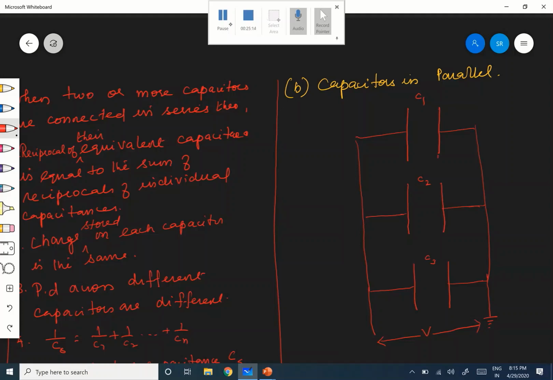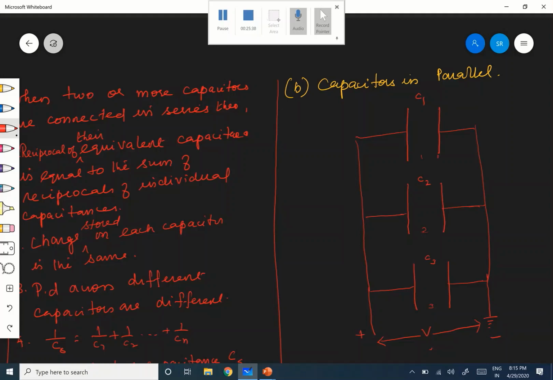Why? C1 is connected to the external supply directly. Both the plates, left and right, are connected directly, positive and negative. Then C2, the second plate: this is the first plate, this is the second plate, this is the third plate. The left plate is connected to positive, the right plate directly to negative of the supply.